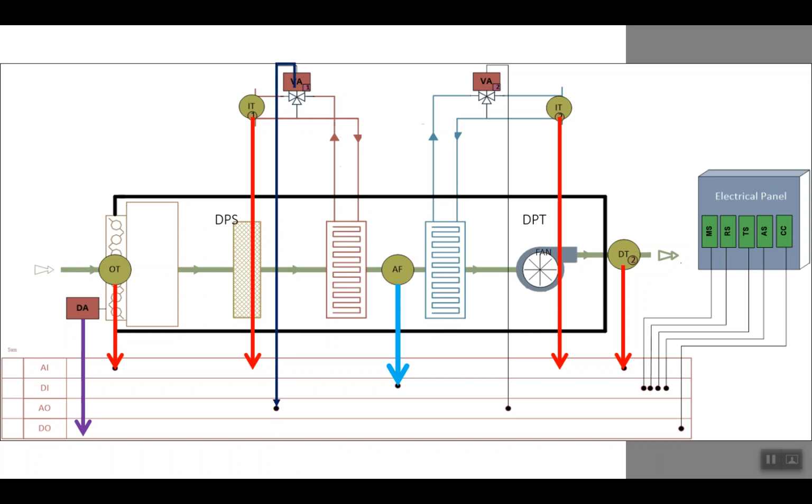The next one is the analog output to control the valve of the hot coil and the valve of the cold coil. It's going to help to save energy. If we need 100% hot water, for example in winter, it's going to open 100% and fully go inside the coil.